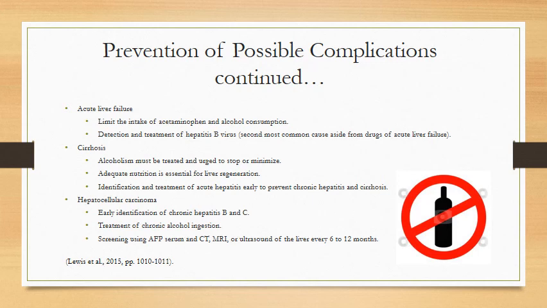Hepatocellular carcinoma prevention includes early identification of chronic Hep B and C, treatment of chronic alcohol ingestion, and screening using the AFP serum and CT, MRI, or ultrasound of the liver every 6 to 12 months, especially for those who are chronic alcohol users or have consumed high amounts of acetaminophen.